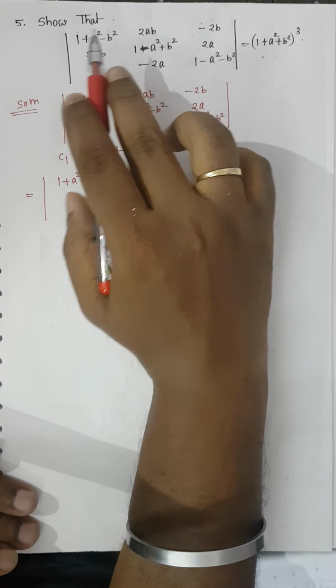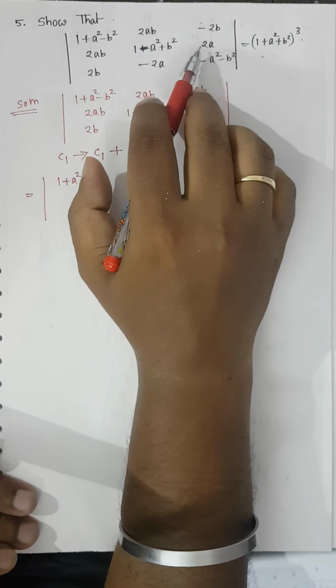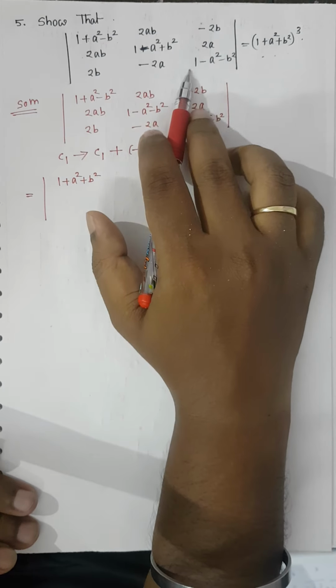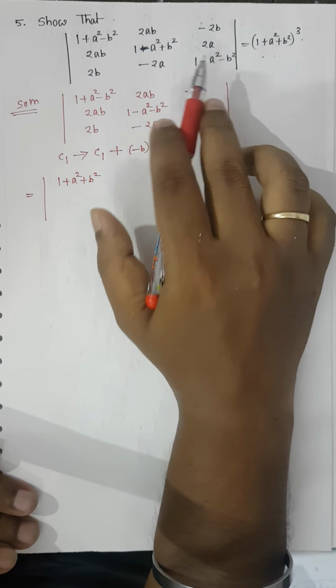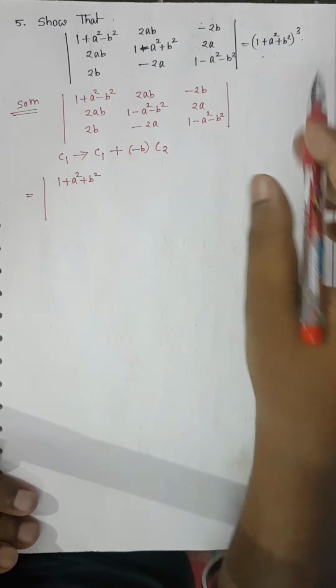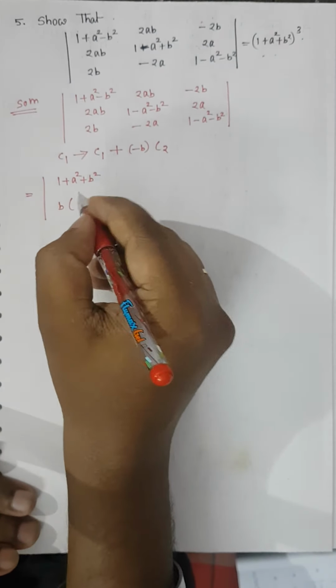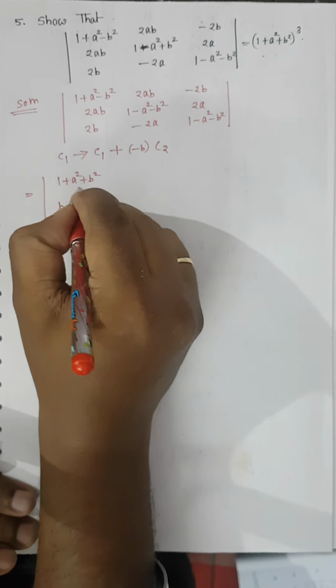If I add them, I will have 1 plus a square plus b square. Here it is 2ab into minus 2ab, it will be 0. And for this, if I multiply by minus b and add them, it is minus b into 1 plus a square plus b square, and this is 0.